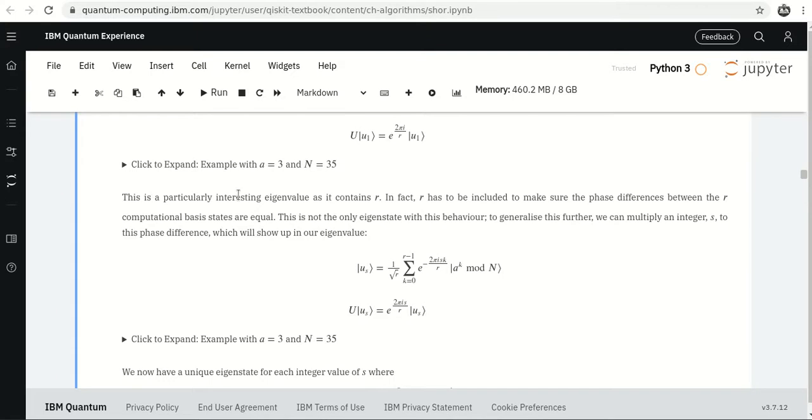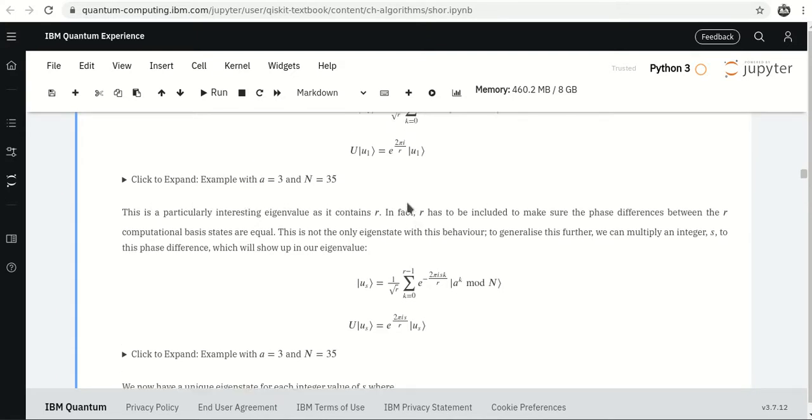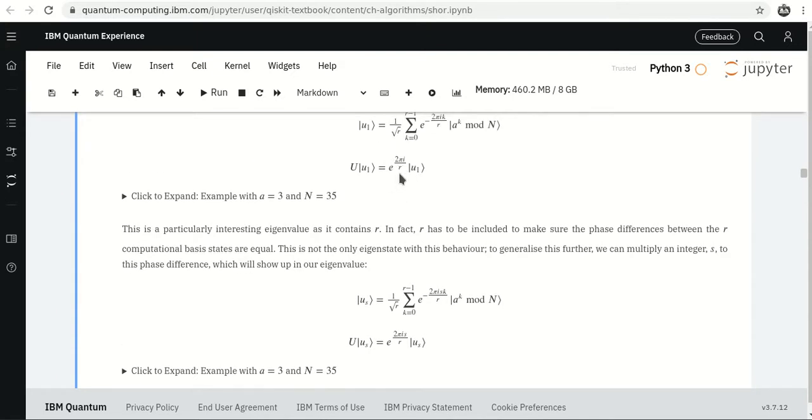Now this is a particular eigenstate as it contains r. So just see that r is available. In fact, r has to be included to make sure the phase difference between the computational basis states is equal. This is not the only eigenstate with this behavior.